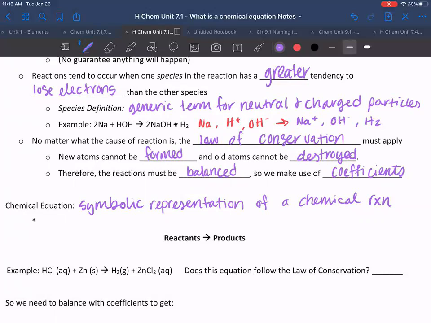You're more than welcome to use that abbreviation as well. Again, I'm going to stress this a lot, needs to be correctly balanced. I want you guys to get so good at balancing that you can look at an equation and say, hey, that's not balanced. So that's my goal here.